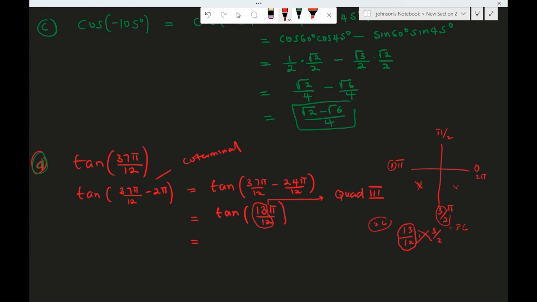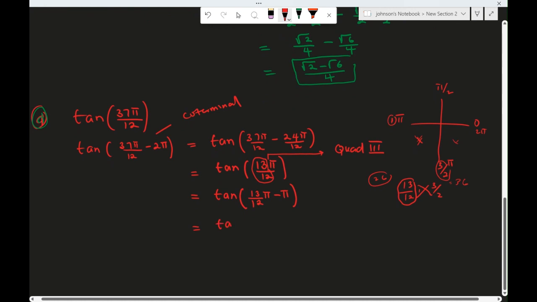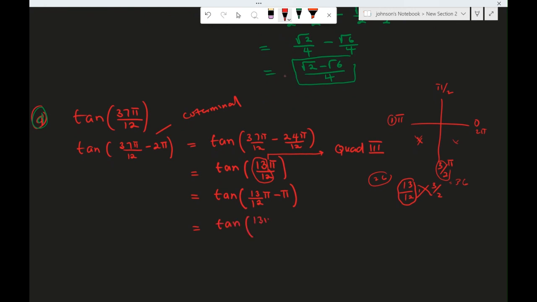Now, being in the third quadrant, then we can find the reference angle. We know tan is positive. So this is going to be tan. And how do you find the reference? You subtract 180 because we are in the third quadrant. So this is going to be tan of 13 pi minus 12 pi over 12, right?